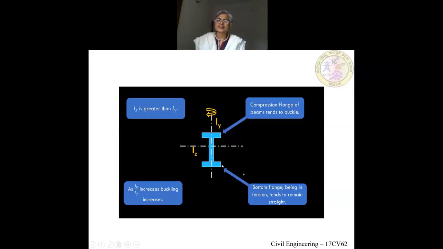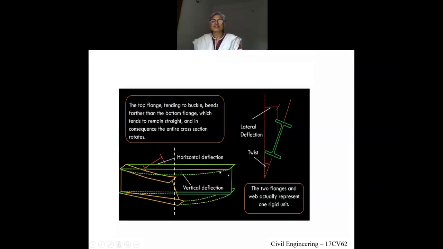The top flange will have a tendency to buckle because it is subjected to compression, whereas the bottom flange is subjected to tension. It will remain straight.